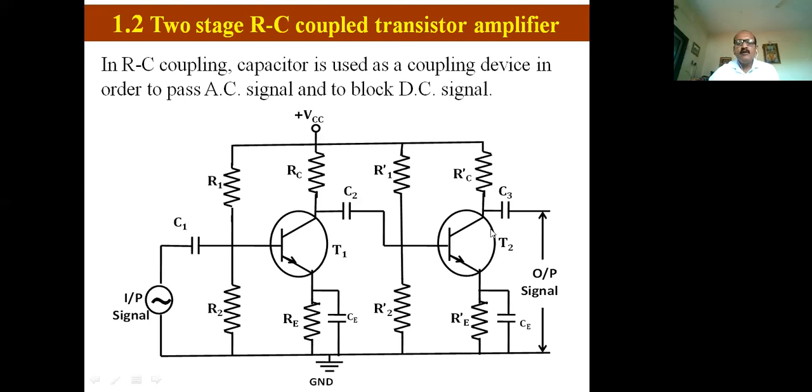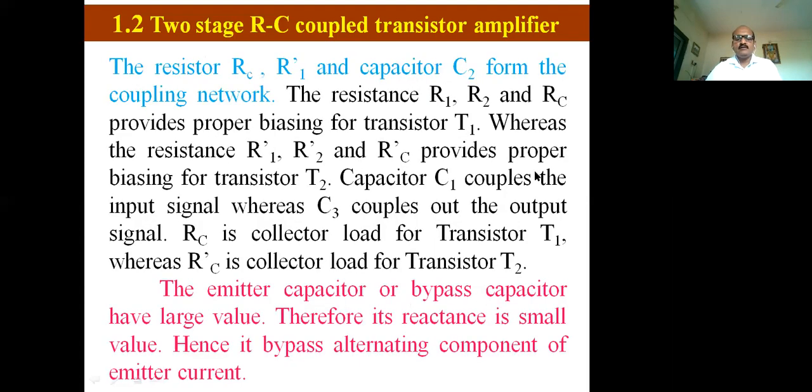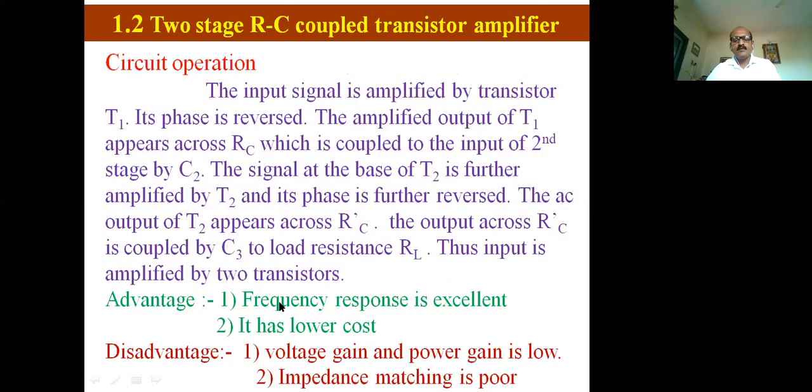That means in this way we get the same signal, the amplified signal at the output, and this amplified signal drives the speaker. Now after that we have to see its advantages and disadvantages.